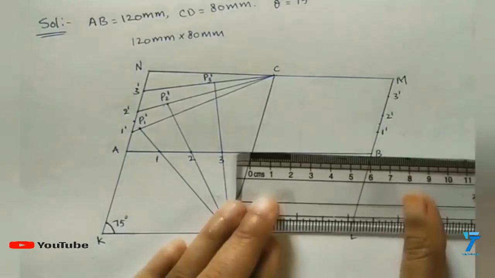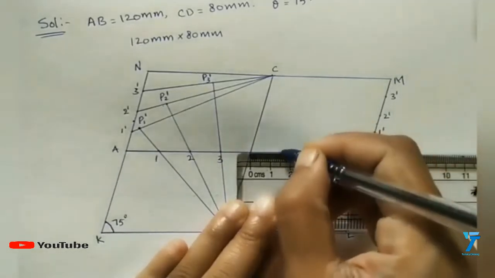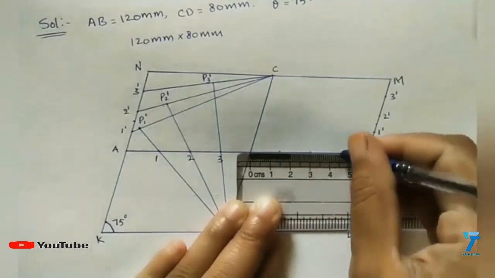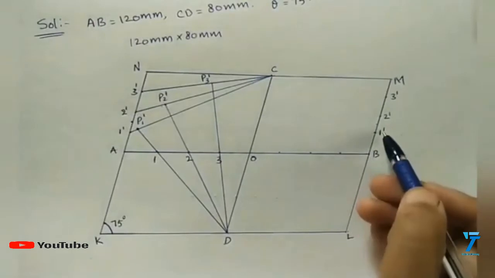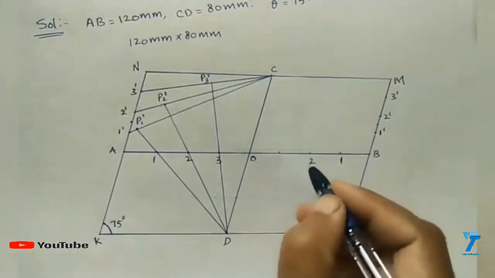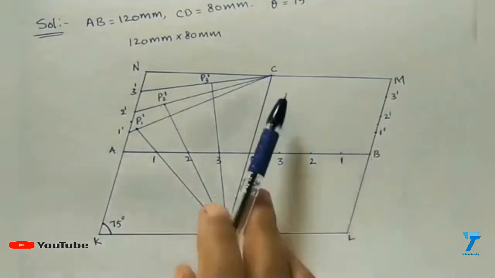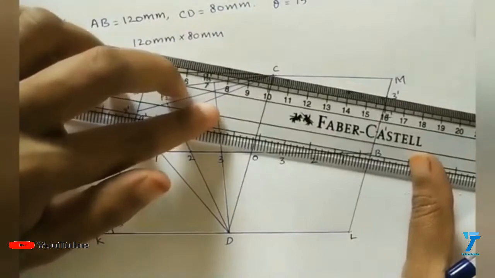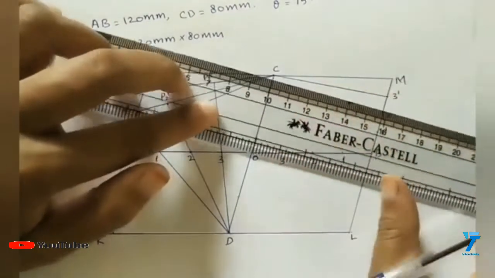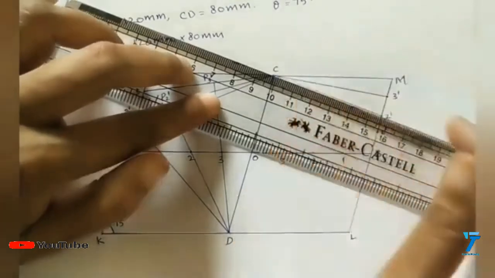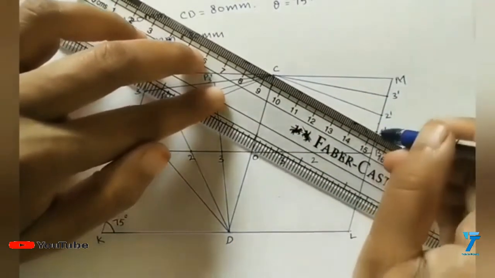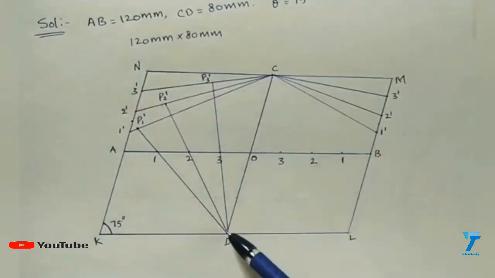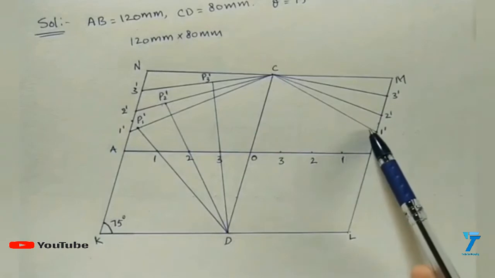OB is 6 centimeters, 6 by 4 means 1.5 centimeter. So by using scale, 1.5, and then second one, third one. Give the numbering 1 dash here, so give the number here 1, 2, 3. Now after that join all these points to C with the help of scale. Then after getting this line, join these points to D. Join D1 with the help of scale and extend up to 1 dash line.